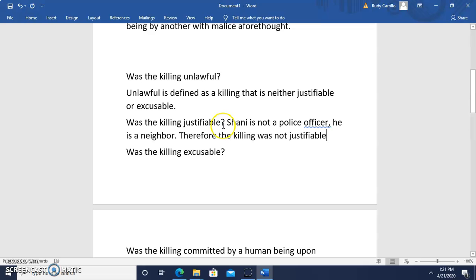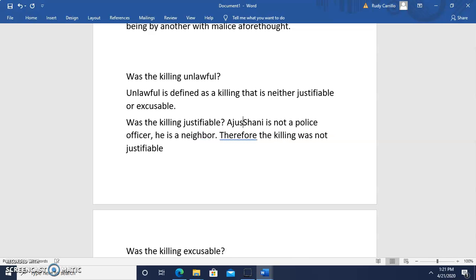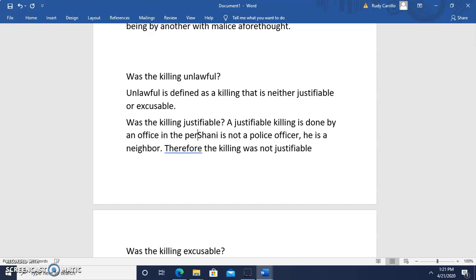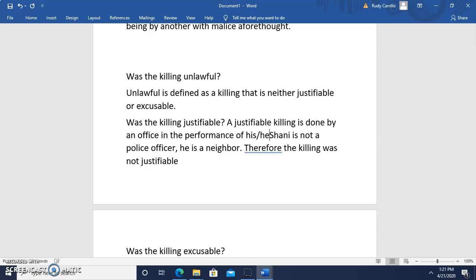I should probably put the definition here: a justifiable killing is an officer's performance of his duty.